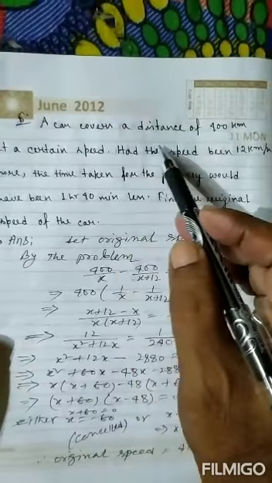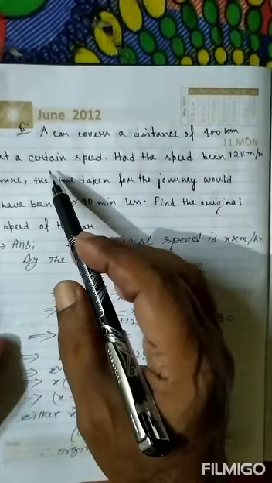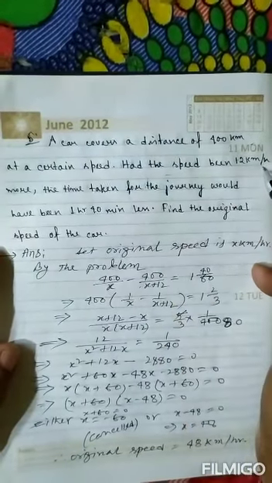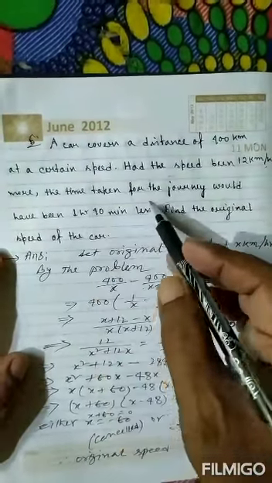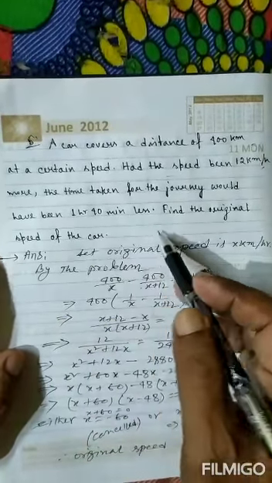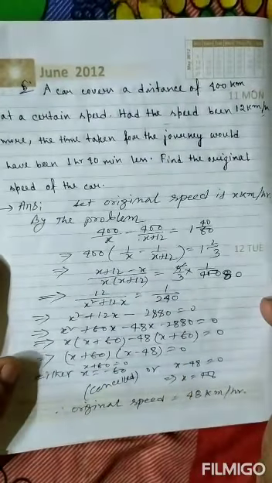A car covers a distance of 400 kilometer at a certain speed. Had the speed been 12 kilometer more, the time taken for the journey would be 1 hour 40 minutes less. Find the original speed of the car. Let the original speed of the car be x kilometer per hour.